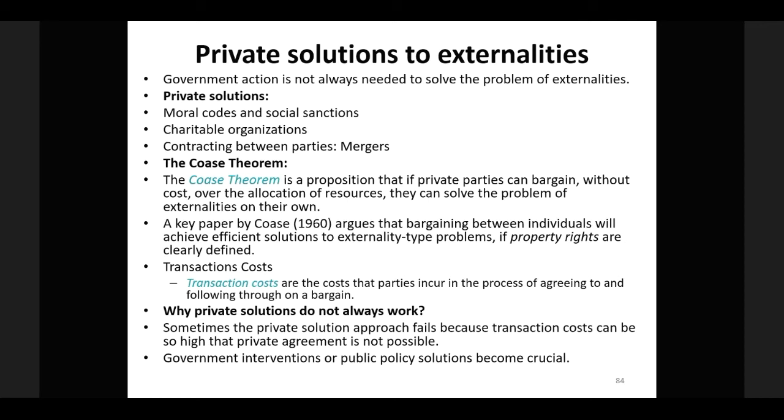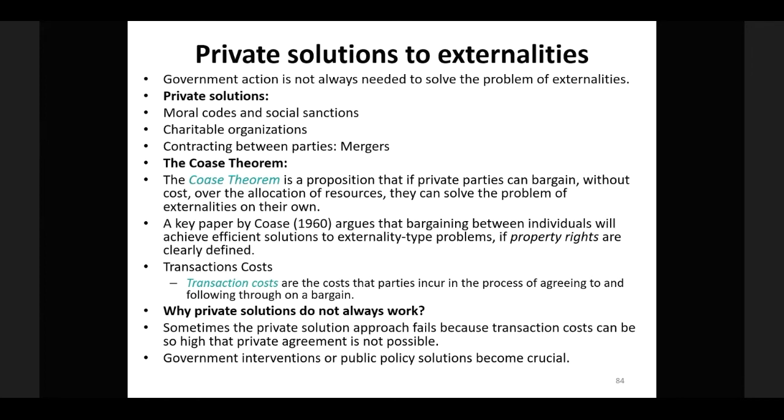So the baker has to buy the quieter machine, so that because the doctor has the property right to a quiet environment, the baker will buy the quieter machine, and then this problem is solved. So you see, the solution to the problem has always been what? That the baker buys a quieter machine.